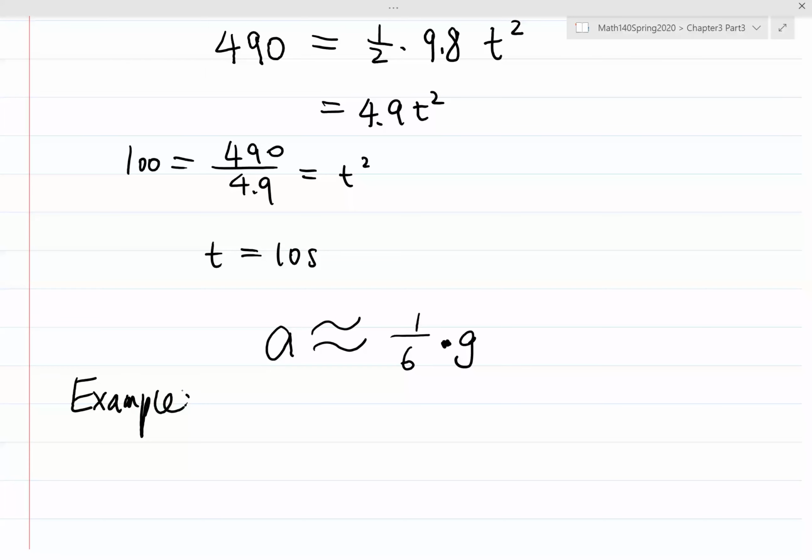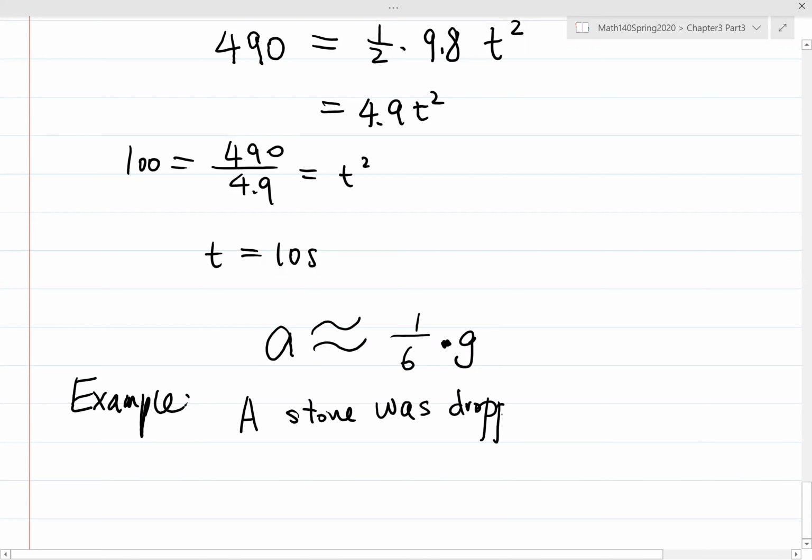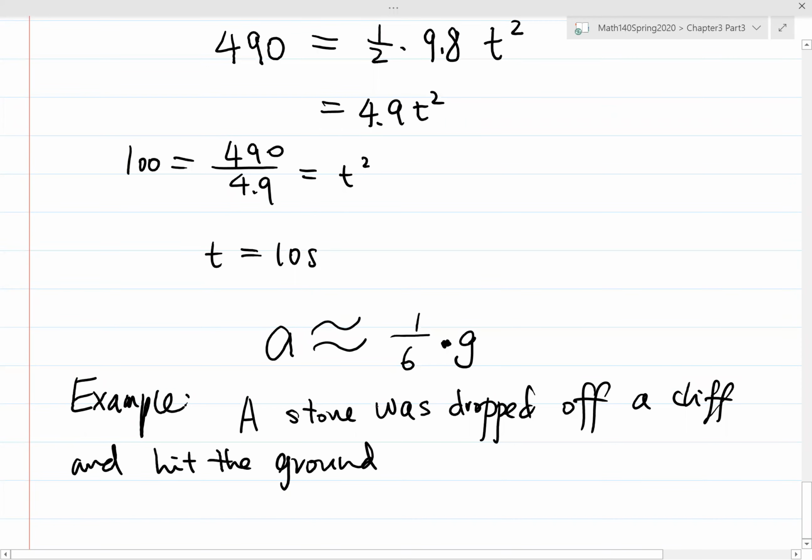Suppose a stone was dropped off a cliff and hit the ground with a speed and velocity.